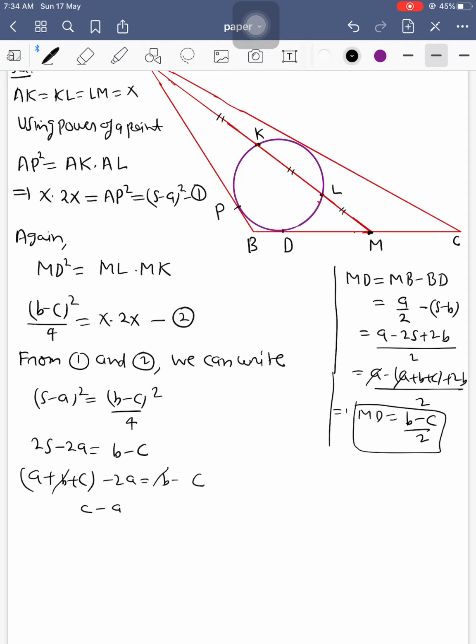Therefore what we get? C minus A equals minus C. This implies A equals 2C. A equals 2C.